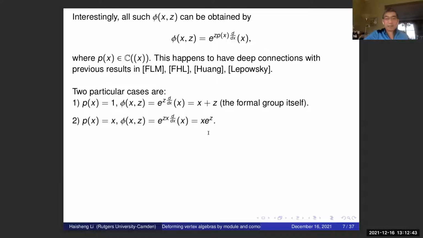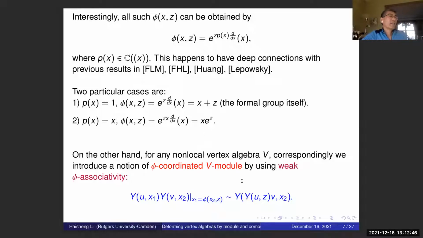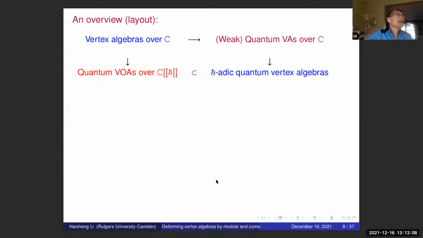That's the idea. And as I mentioned before, for every coordinate you can develop a theory of phi-coordinated models for vertex algebra, with associativity just using the phi-coordinate. That's roughly what we have been doing.